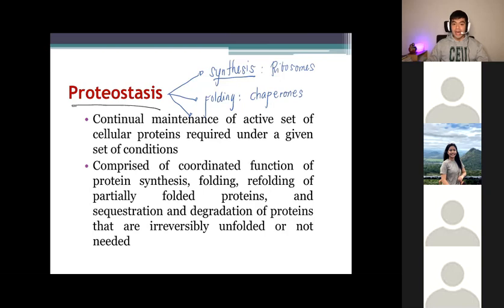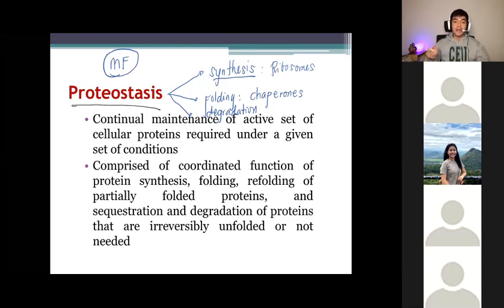And then for the last, this involves degradation. How important is degradation? Degradation is important in case there will be misfolded proteins. Remember class, kapag meron tayong misfolded proteins, this could be a threat. MF means misfolded. Kapag kung sakali na may nabuo tayong misfolded proteins, this could be a threat para magkaroon ng pathological condition ang isang tao.